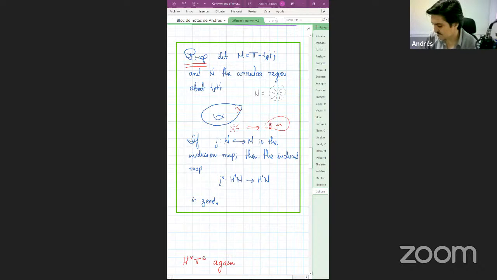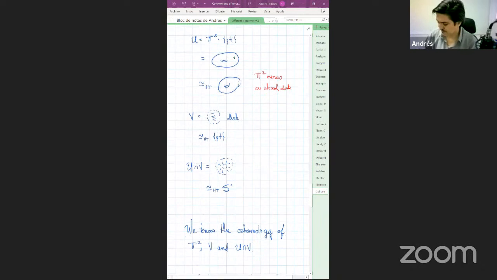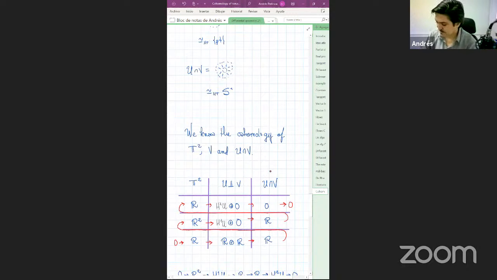That's the inclusion. And that map in cohomology in degree 1 is 0. So remember, U intersection V is the cylinder. U is the punctured torus. So this map is the one that we know is 0.